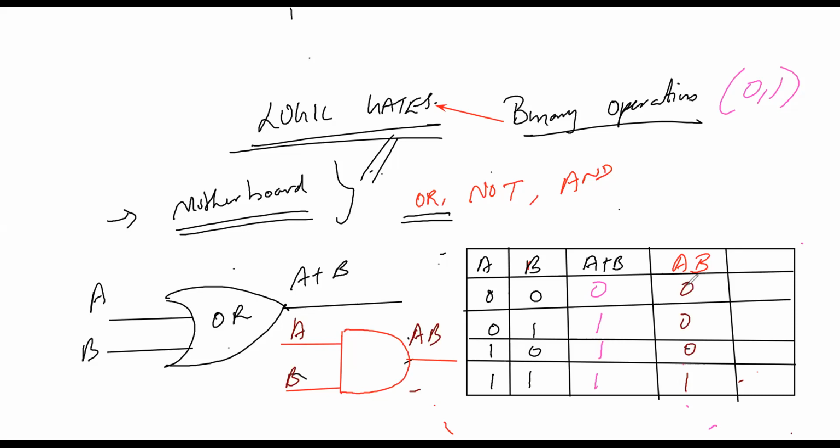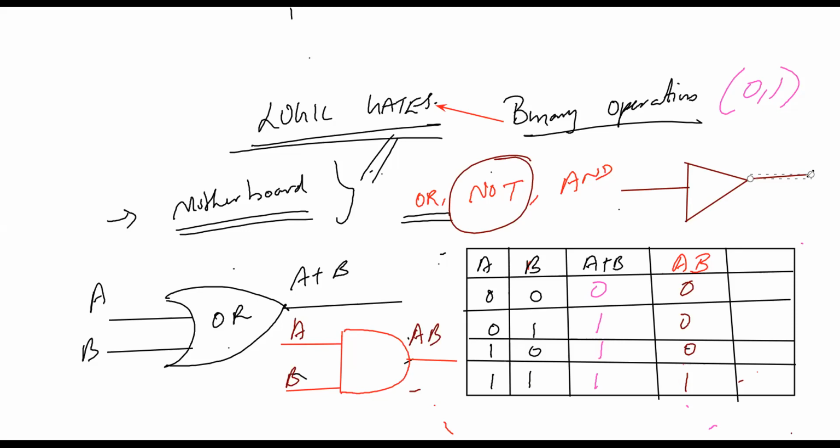Fine. Last one is the NOT gate. That I will draw. It's a kind of triangle. These are the basic gates you should understand.